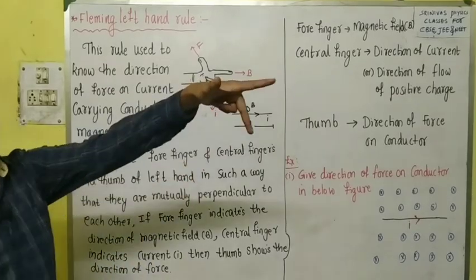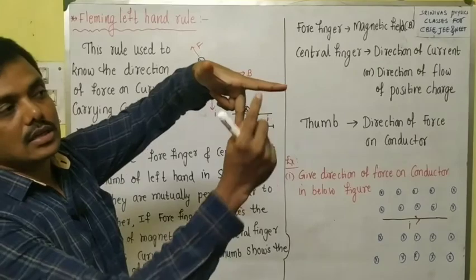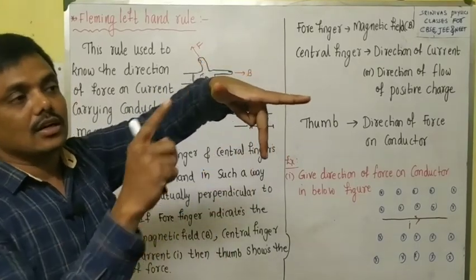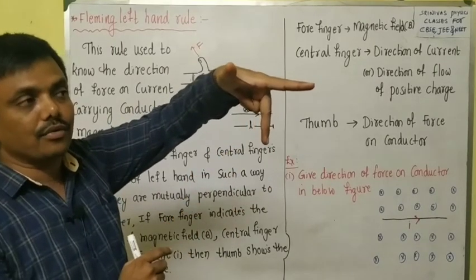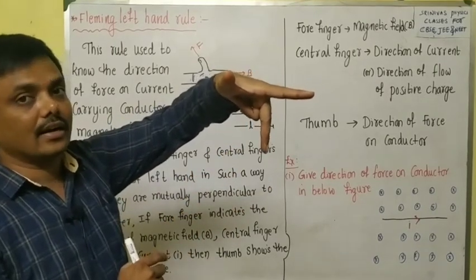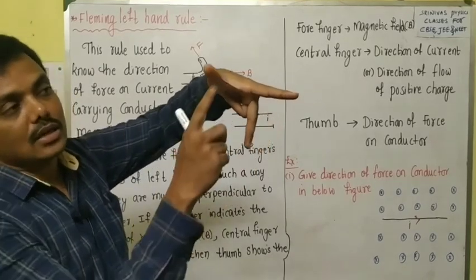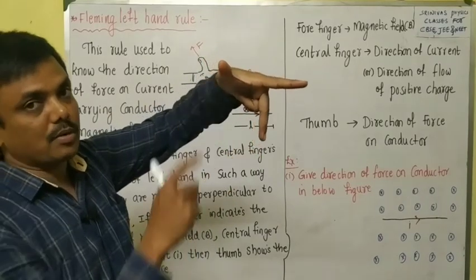We have to stretch, look at here, this is the thumb, this is the forefinger, this is the central finger. Stretch the thumb, forefinger and central finger of the left hand in such a way that they are mutually perpendicular to each other. These two are perpendicular, these two are perpendicular, and these two are also perpendicular.